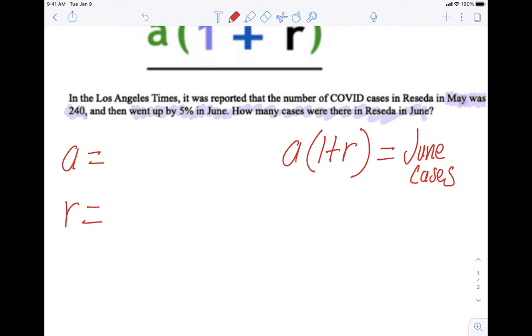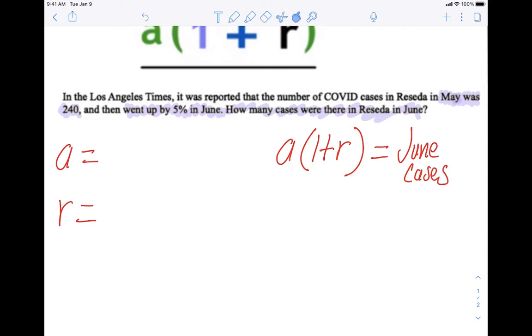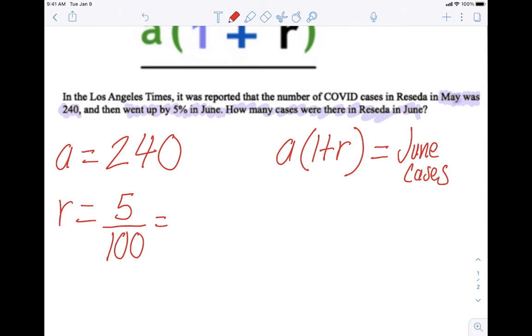So how many cases did we start with? What is the first month that they're reporting in this article? It's May. In May, there were 240 cases. So I'm going to say 240 right there. Then the cases went up 5% in June. So I need to change this 5% into my R, and I do that by dividing by 100.